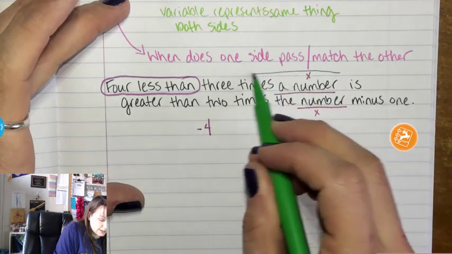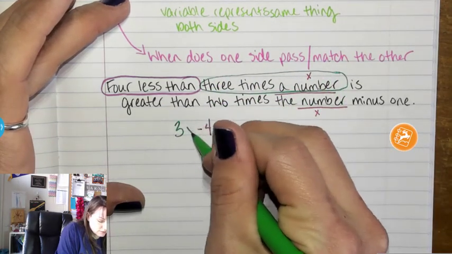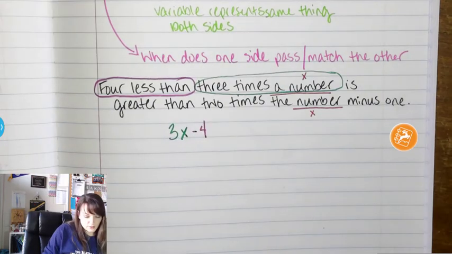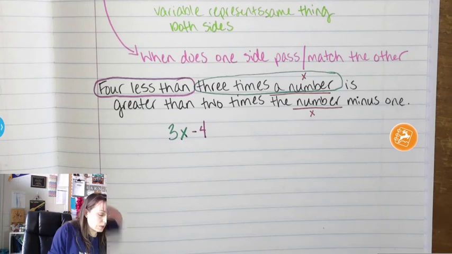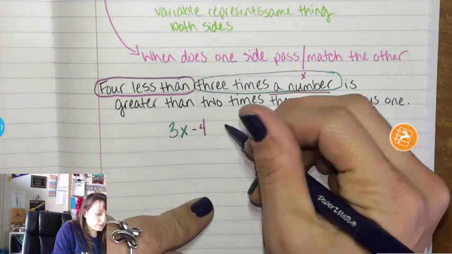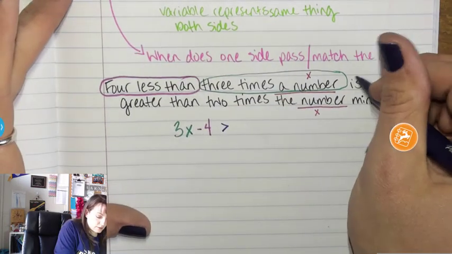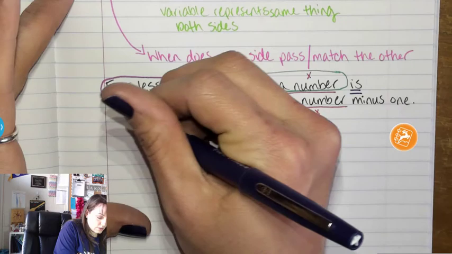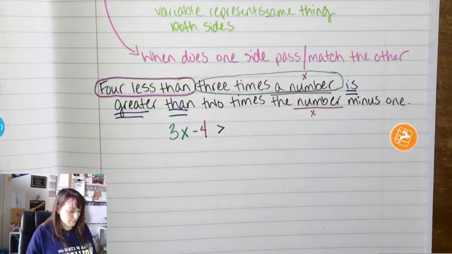So this 3 times a number, that's my 3x, is greater than, opens to the left or opens to the right? Goes this way. Is greater than 2 times the number.